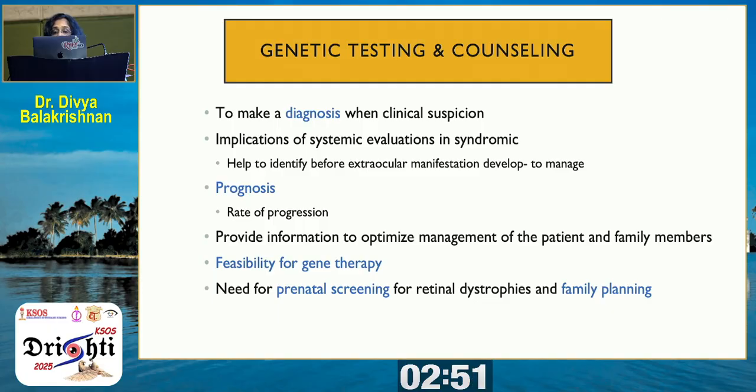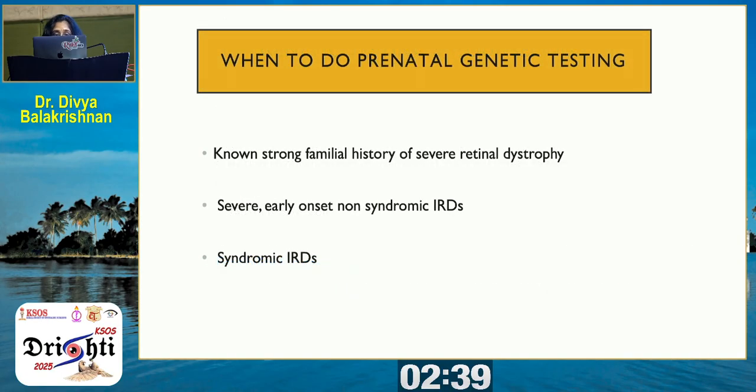It also helps to know whether systemic involvement is there, and whether we need to send the patient for any systemic evaluation. And also prognosis, the rate of progression, and then the feasibility for gene therapy and prenatal screening. So when do you ask for prenatal screening?